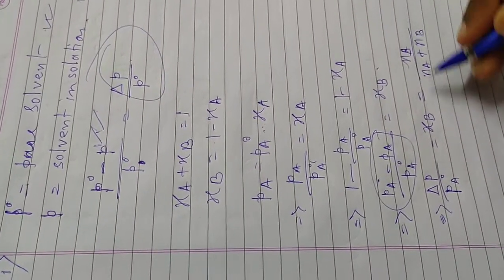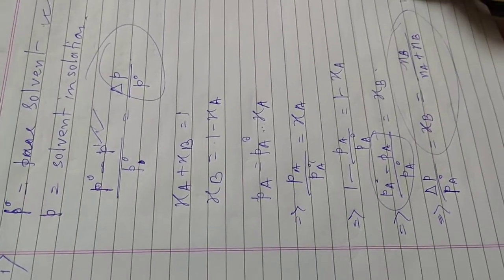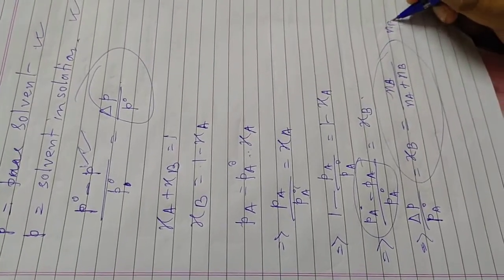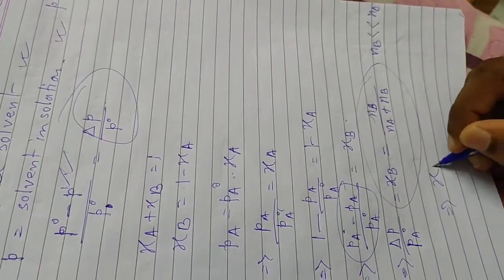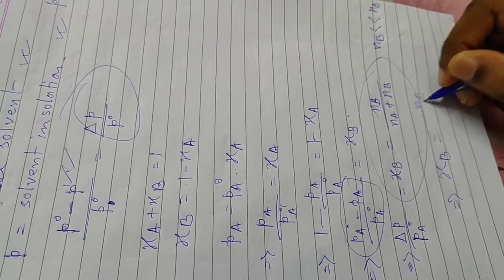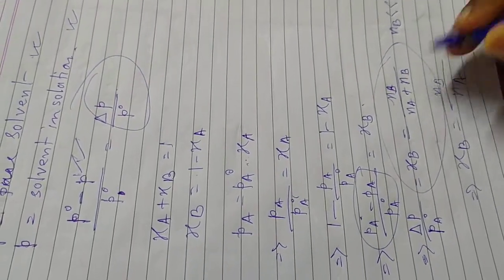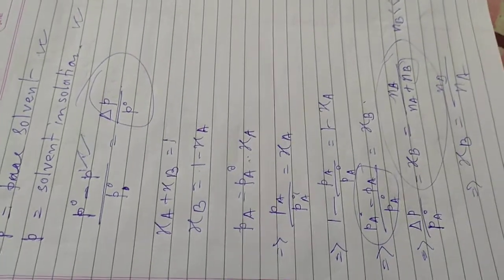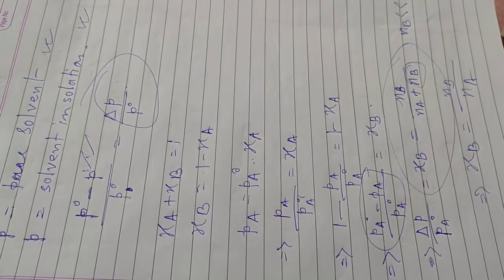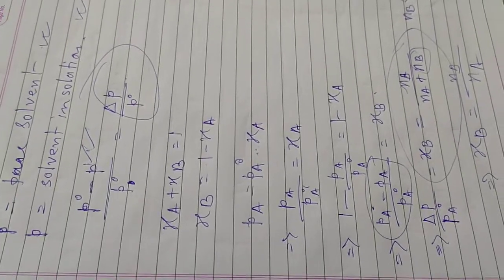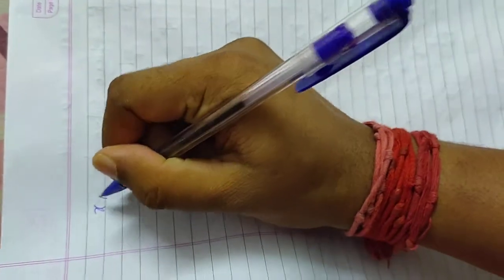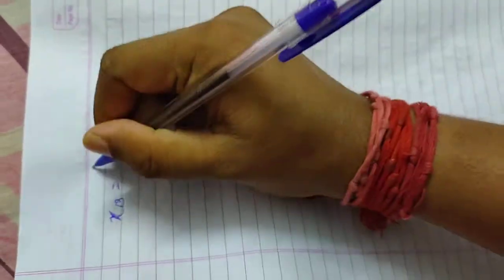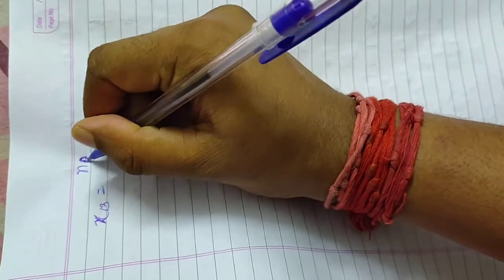As it is a very dilute solution, NB is much less than NA. So from here we can conclude that chi B is equal to NB by NA. Why? Because NB is very less than that of NA. Is that clear, everyone? I hope so. What we have got? Chi B is equal to NB by NA.